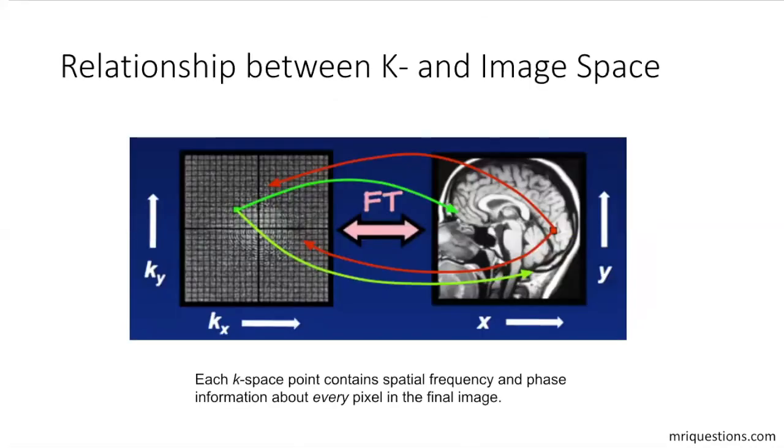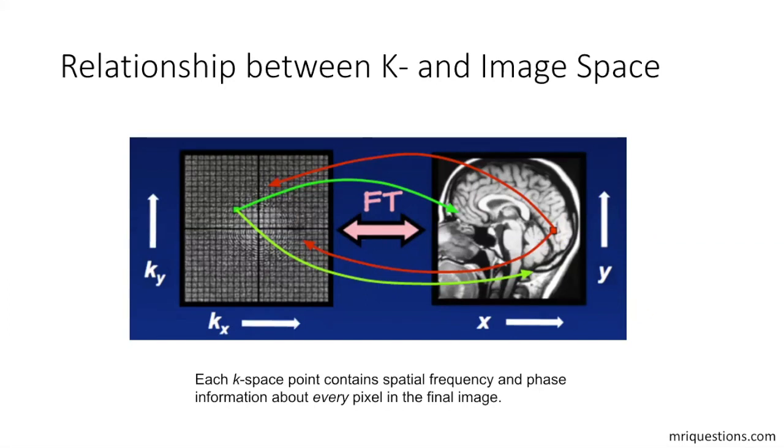And it's also very important to remember that each K-space point contains spatial frequency and phase information about every pixel in the final image. So as you can see, for example, the green square in K-space provides information on multiple parts of the image.